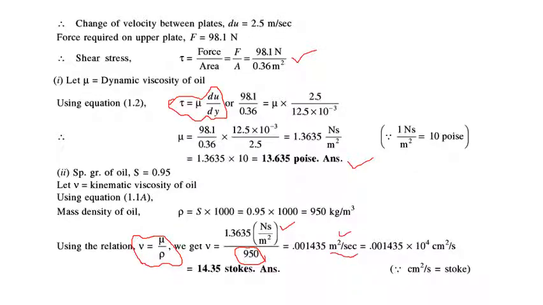Use the same system of units, that is SI. Now convert this meter square per second to centimeter square per second, and that is equal to Stokes, which is a CGS unit. Now try solving it. If you have any query, we can discuss it in our online session.